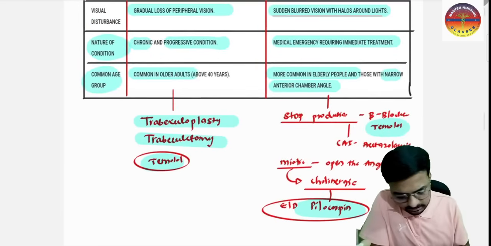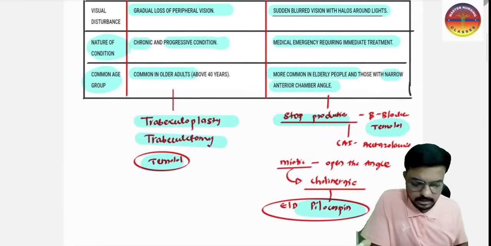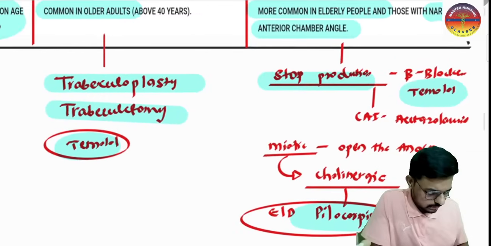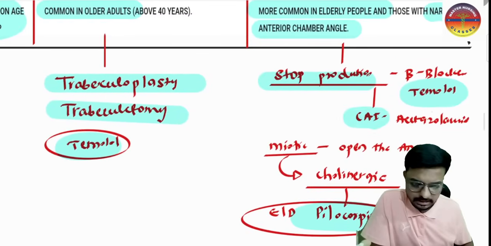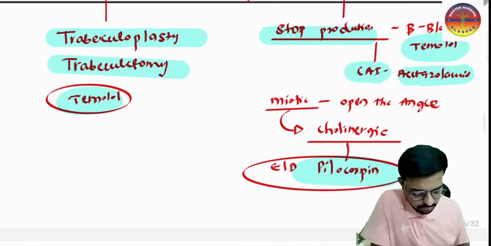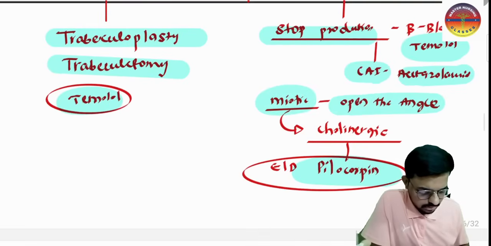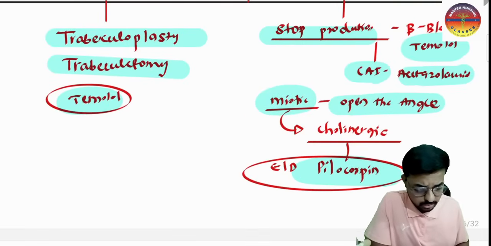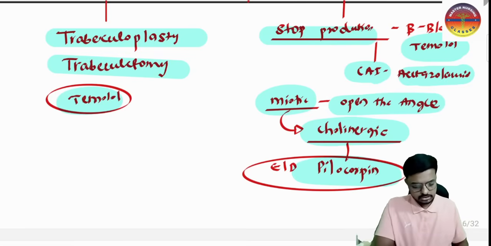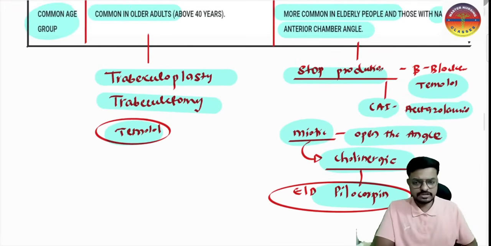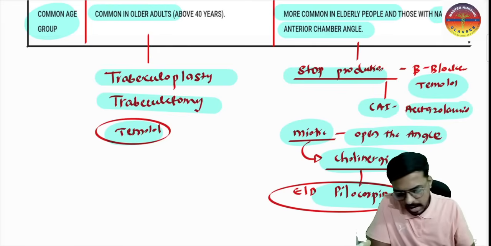Okay, so one is to stop the production of the aqueous humor, that is the beta blocker timolol and the carbonic anhydrase inhibitor acetazolamide, and the meiotic drug is used in opening the angle which was closed, by using the cholinergic drug, the pilocarpine eye drops. And the surgeries, trabeculoplasty and trabeculectomy, will be done.